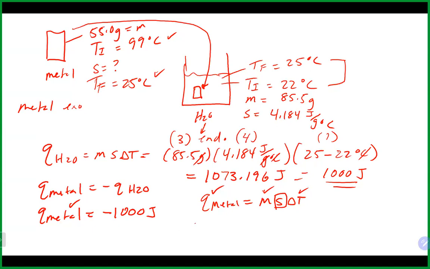And if we do that, S would equal the Q of the metal divided by m and delta T, basically taking both of these guys and dividing it to the other side.